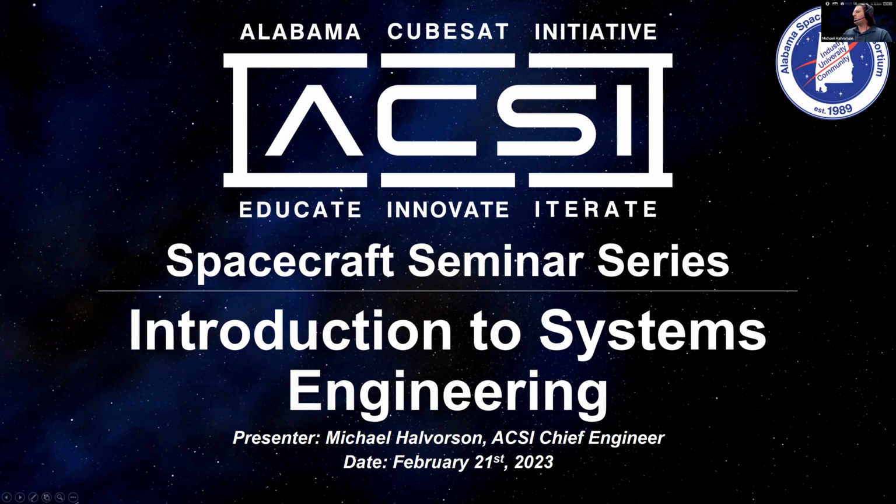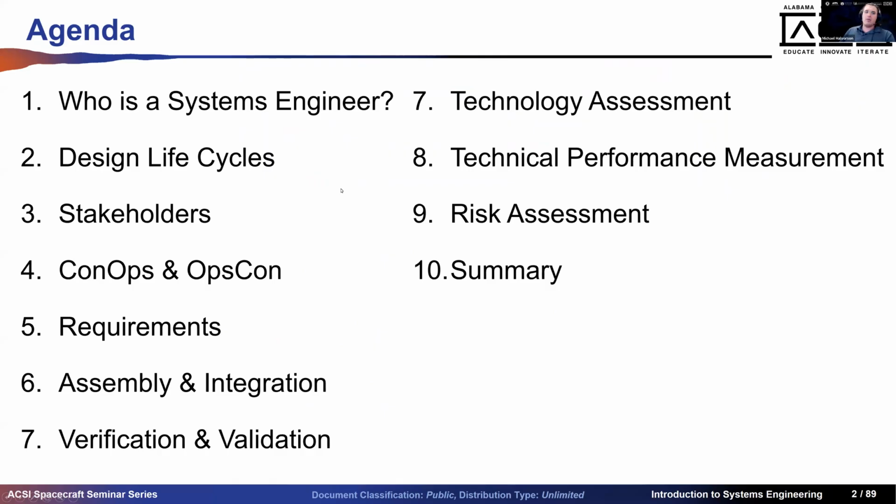So let's get started. We're going to start by saying who a systems engineer is and what that person does. We're going to move through the life cycle that a systems engineer operates in, the stakeholders that care about the material you're working with, the concept of operation, the operational concept, very dumb that they're named that, requirements, the hardest part of systems engineering, which is integration, talking about V&V, verification and validation, technology assessment.